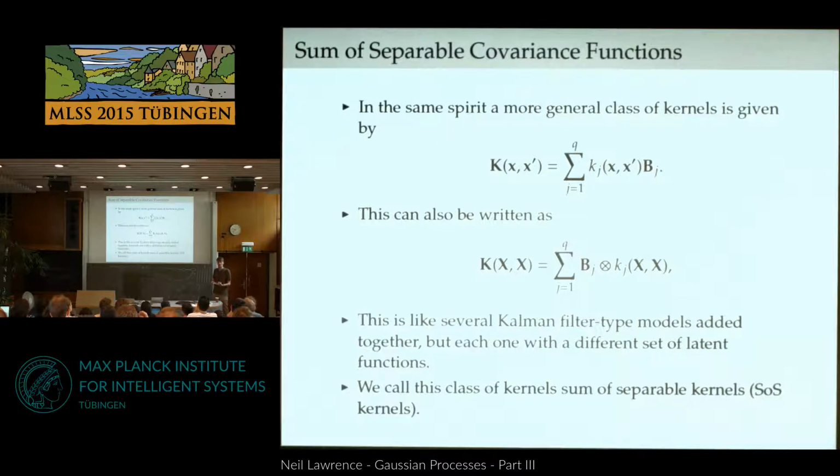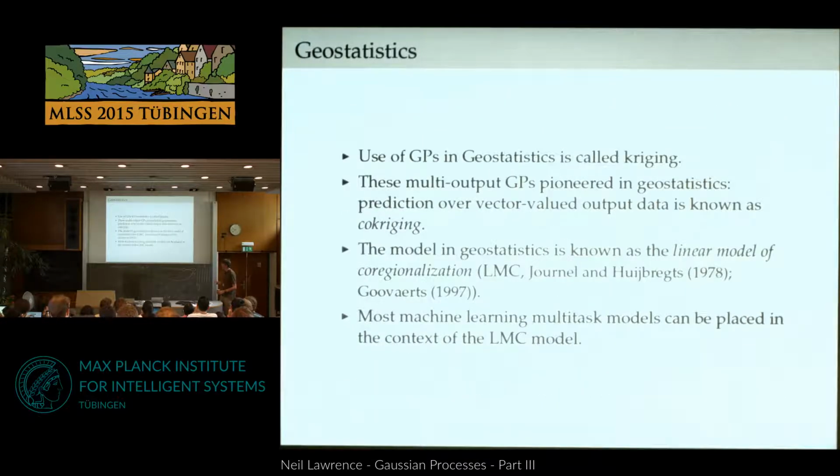But Maurizio was a particularly good PhD student, so rather than just running the first test, he implemented all this properly and found this class of covariance functions was difficult to beat in the domains where we thought we would win. Where we won was that our objective was to build covariance functions that extrapolated better, and we did beat them in that domain. But in terms of interpolation, they do very complex things. So these multiple output GPs were pioneered, as I said, in geostatistics.